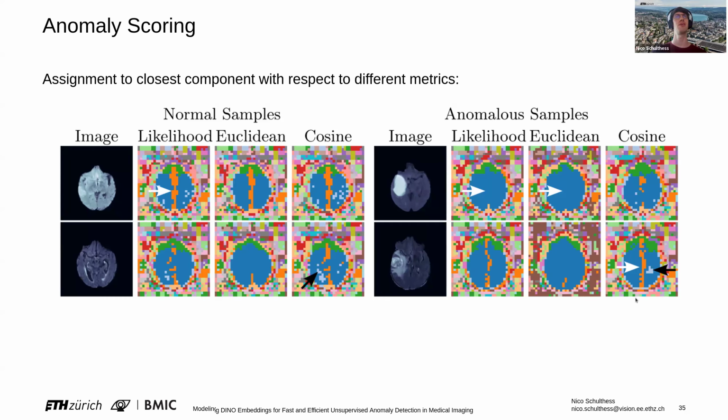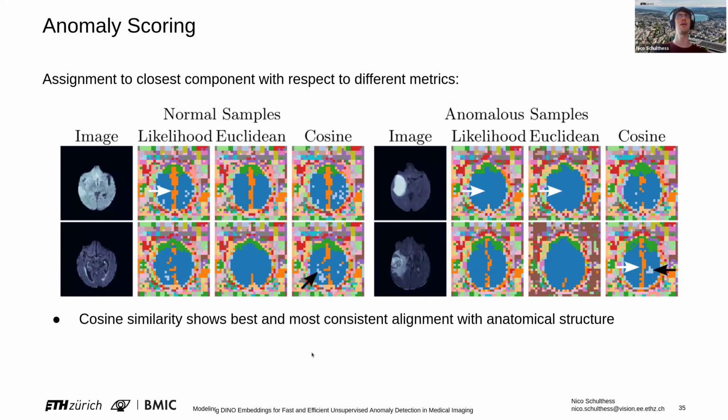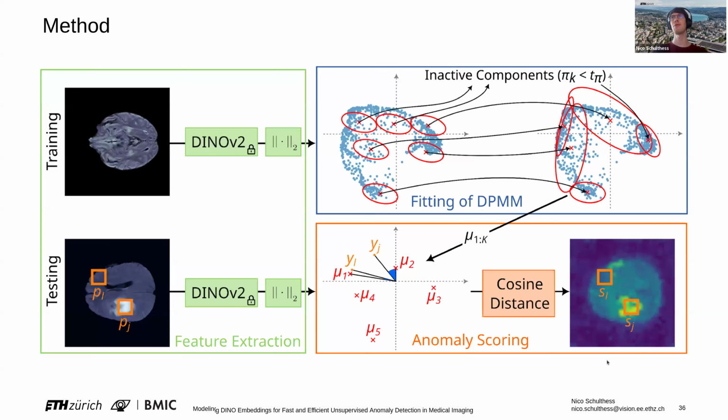And we observed, when we went through the data, that most of the structures are predicted in the most consistent manner for cosine distance. This is why we chose to use the cosine distance to the closest mean as our anomaly score function. So when we go back, now we also have filled in this orange box on how to do the anomaly scoring in the end.